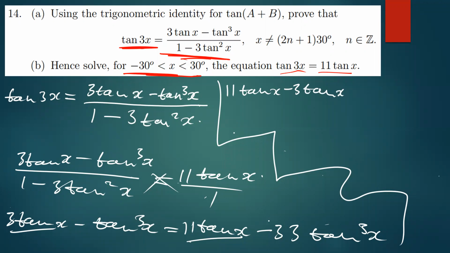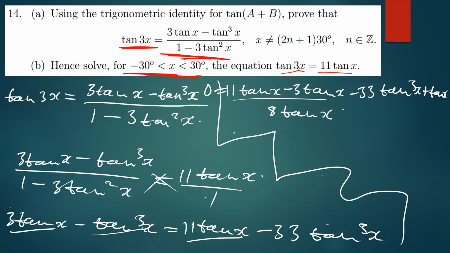And when we also take negative tan cubed x to the other side of the equal sign, we get negative 33 tan cubed x plus tan x, and everything is equal to 0. Then when we add these two, we're getting 8 tan x, and when we add these two, we're getting negative 32 tan cubed x, and this is equal to 0.